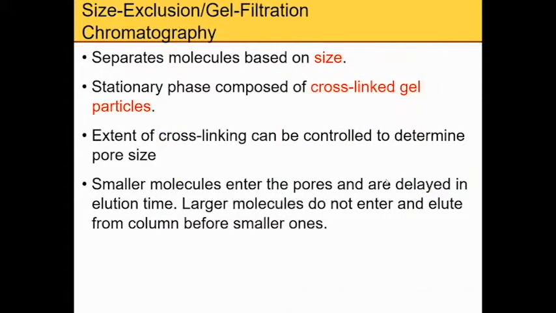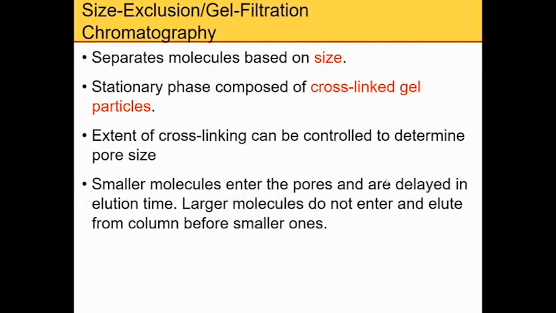And then the first one I'm going to discuss with you is size exclusion, which is gel filtration chromatography. So this column will separate molecules based on size, based on the molecular weight of the protein. So the stationary phase is composed of cross-linked gel particles, all right? And these gel particles determine the cutoff of the molecular weight that you want to purify, okay?